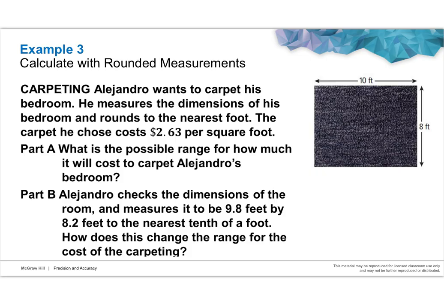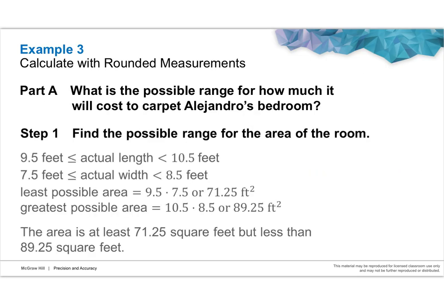All right, so part A is going to be rounded to the nearest foot. Part B is rounded to the nearest tenth. So to start off in part A, we want to find a possible range for the area of the room. So first of all, one dimension at a time. Our 10-foot measurement of actual length here could actually be 9.5 could be less than or equal to that length.